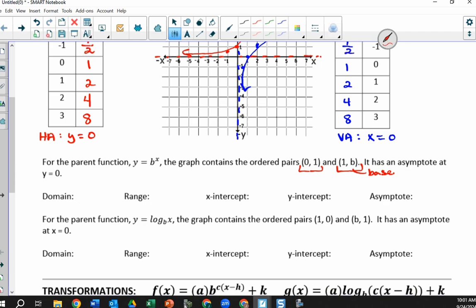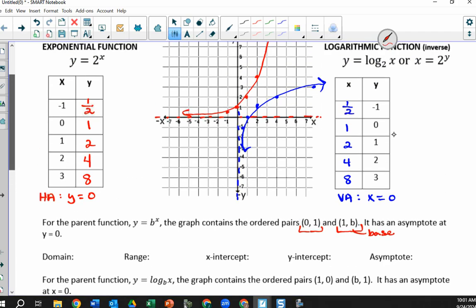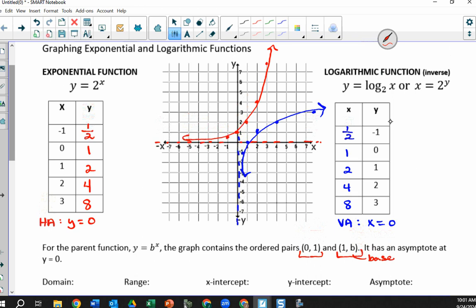Exponentials, again, your domain. Look back up here at the red graph. What would you tell me about the domain of that red graph? Negative infinity to infinity, actually. It doesn't stop at 0, right? It doesn't stop here. It keeps going over here. Yeah, okay.